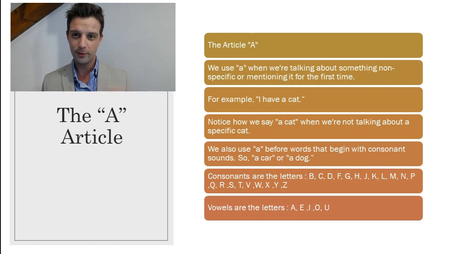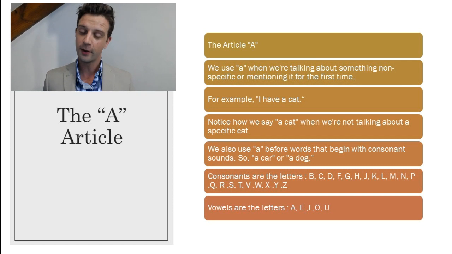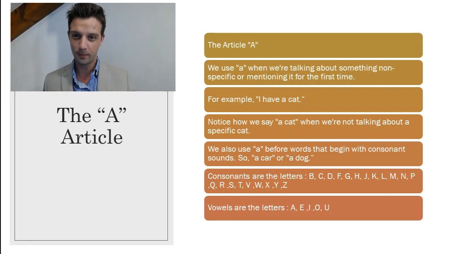I don't care which pen you'd like to give me, just give me a pen. Or when we're mentioning something for the first time: oh, we have a dance party on Saturday. And it's the first time you've heard about a dance party happening on Saturday.